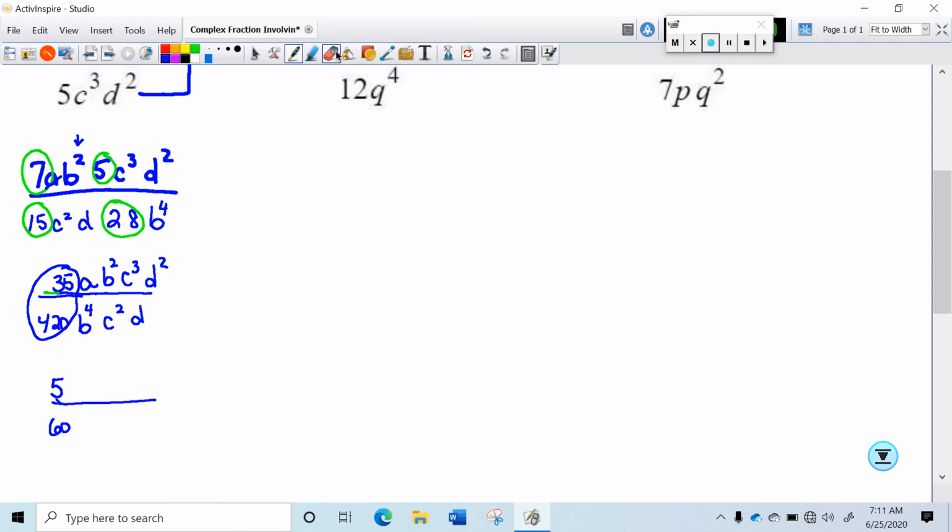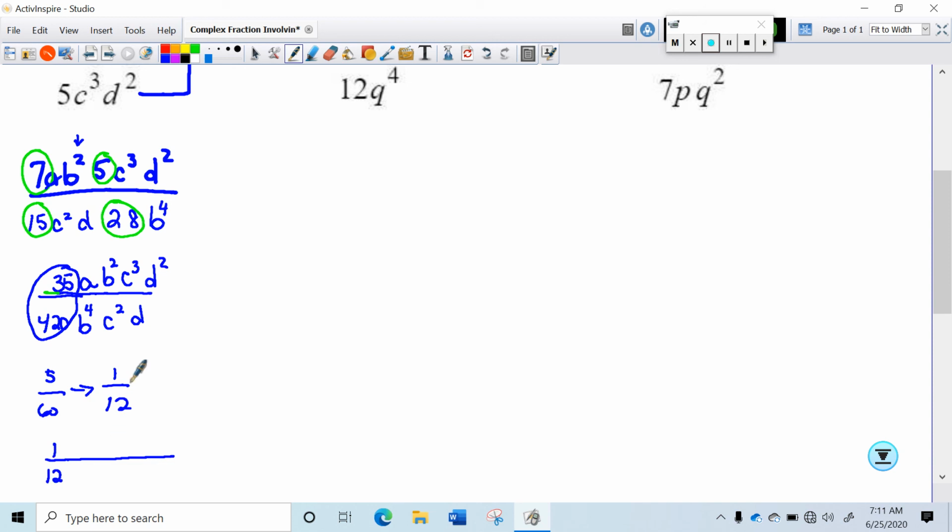Well, that can still keep going, because 5 over 60, we can divide those by 5. So 5 divided by 5 is 1, and 60 divided by 5 is 12. So 1 over 12 is part of my answer.